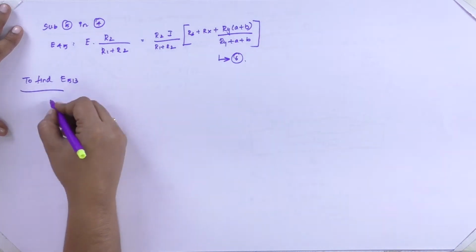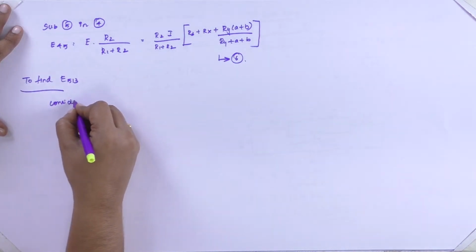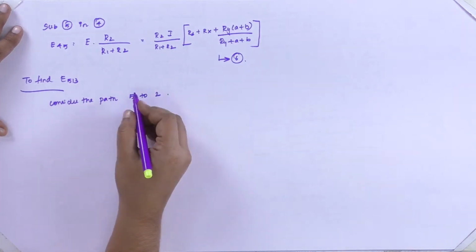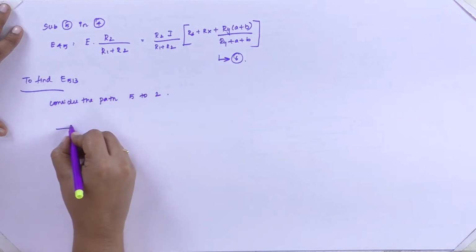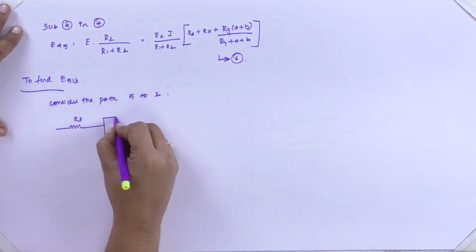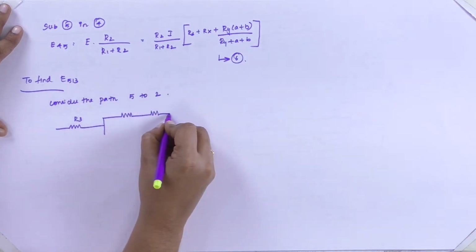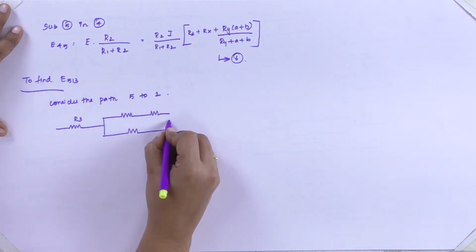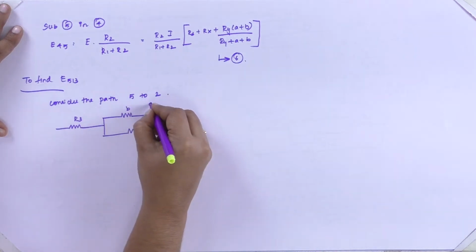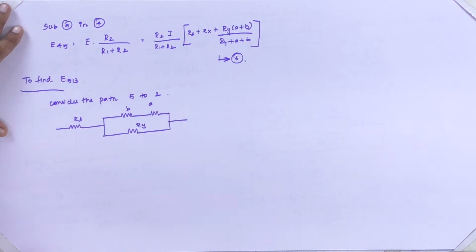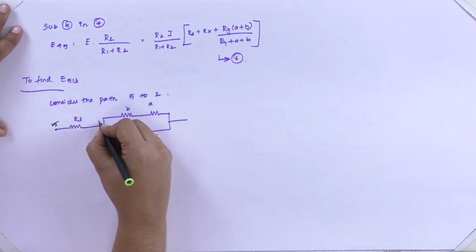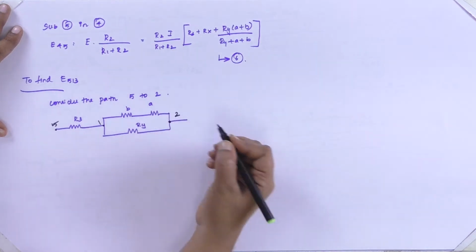So, for this, I am going to consider the path 5 to 2 in the original circuit. I am going to draw the circuit from 5 to 2. I have the resistor R3 and the two resistors connected in series and parallel, that is B, A and Ry. So, this node is 5, this is 1 and this is 2.